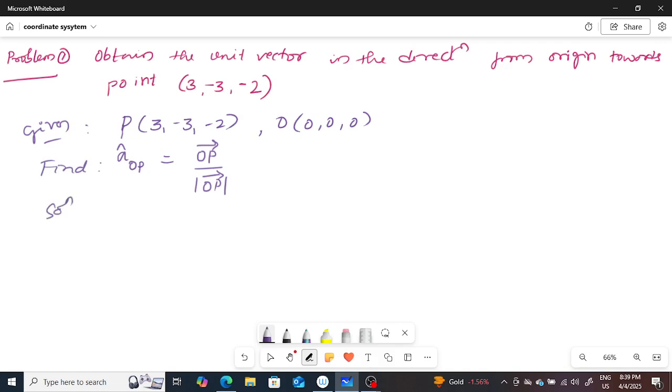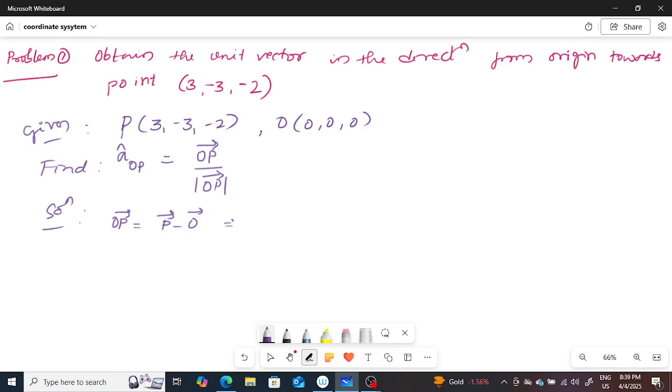What is the solution? You can find the OP vector. How will you find it? P vector minus O vector. Yes or no? So what is the P vector?